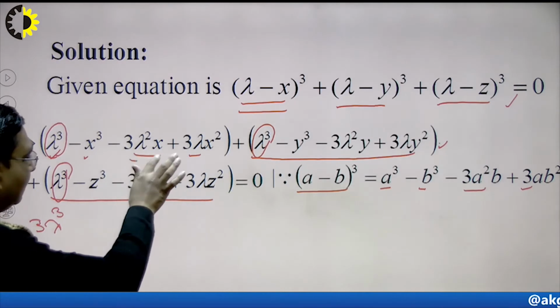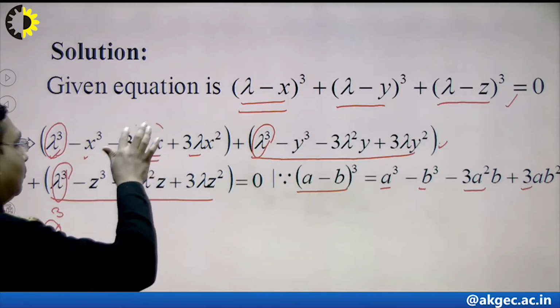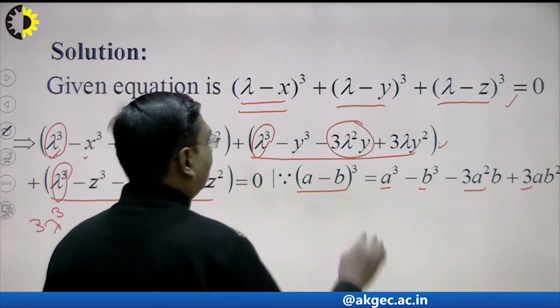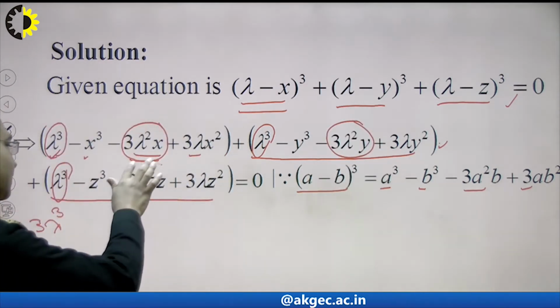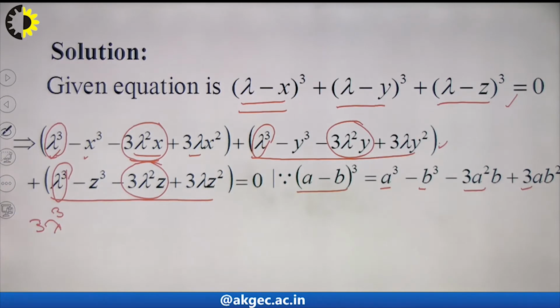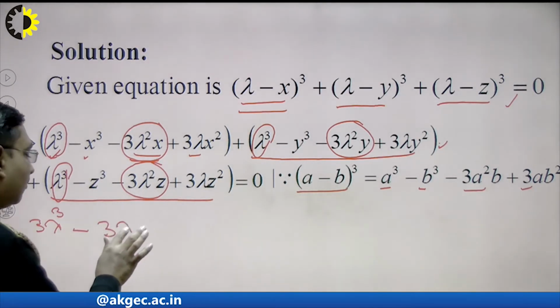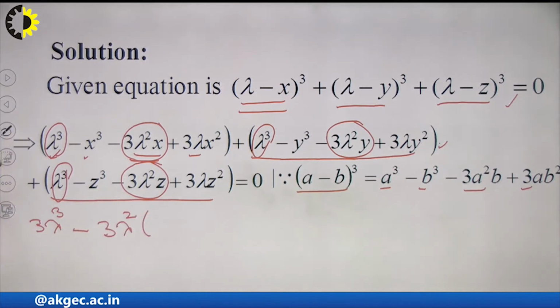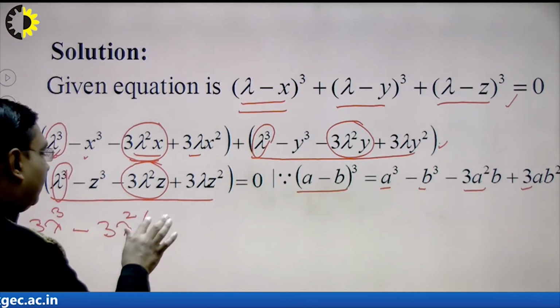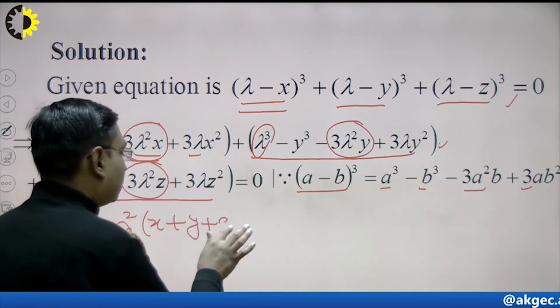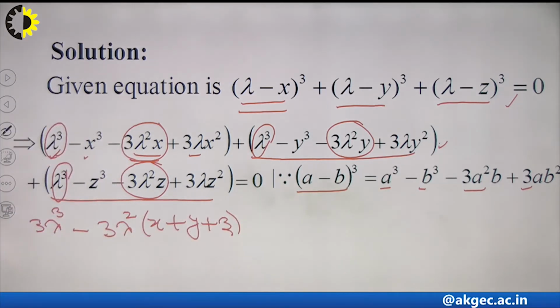This 3 lambda square x from here, this 3 lambda square y from here, this 3 lambda square z from here can be combined. I can take minus 3 lambda square outside, and I shall obtain x plus y plus z.